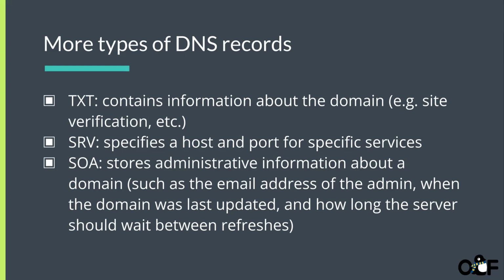So for example, if we're running Minecraft, the default port for Minecraft is 25565 or something, but let's say we were running it on 30,000, which is not the default port, and we want to tell Minecraft to use that port. We could add an SRV record under, I think, underscore minecraft dot underscore udp dot the actual name that points to the host and the port.